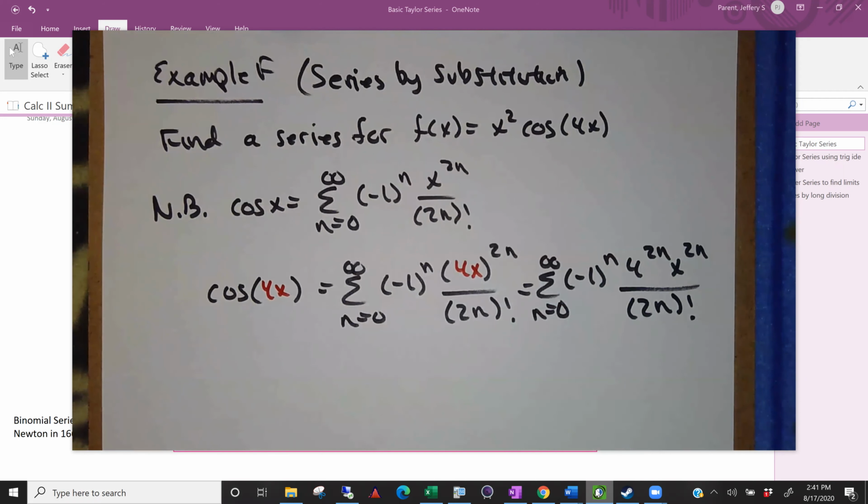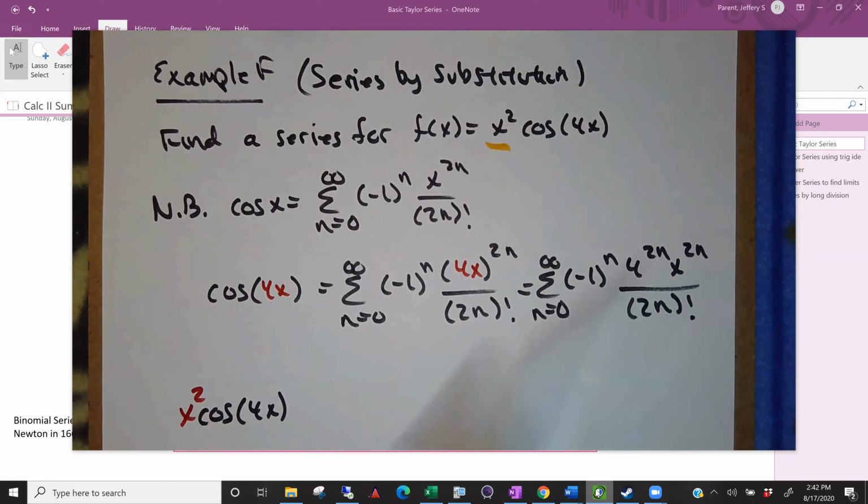Okay, well, we're pretty close. The only thing left that I needed, I still don't have, is that x squared term. So I want to find something for that. So I've got cosine of 4x, and then I want to write this x squared here.